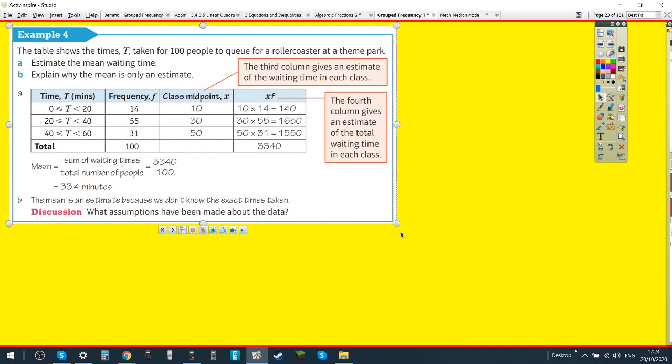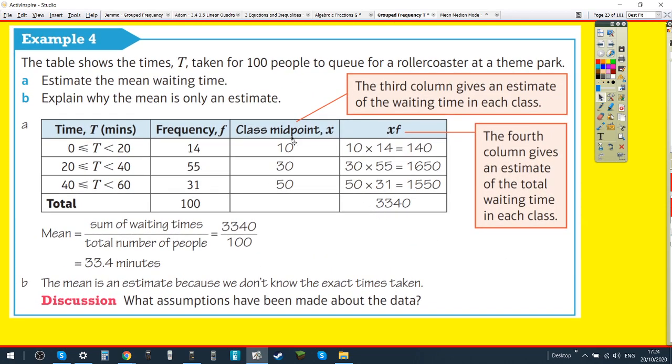They did the midpoints: 10, 30, 50, because we don't know the exact numbers. Multiply that by the frequency. So that's a total of 140 minutes there. Add up total minutes, 3,340. Divide by total people.